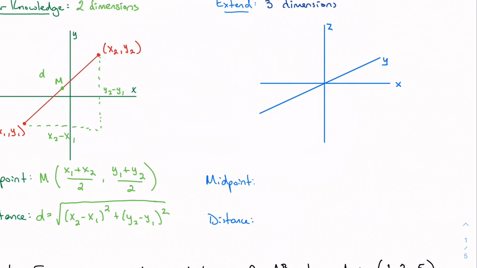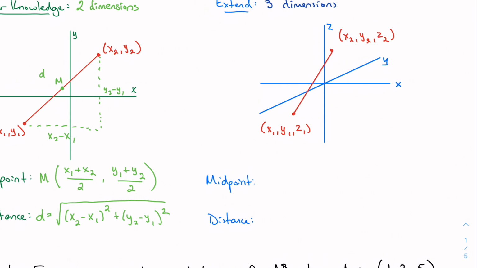I can still put a line segment in 3 dimensions. I can draw a point out here somewhere, and another point over here. It's tricky to see when drawing in 2 dimensions, but these points have coordinates (x1, y1, z1) and (x2, y2, z2).